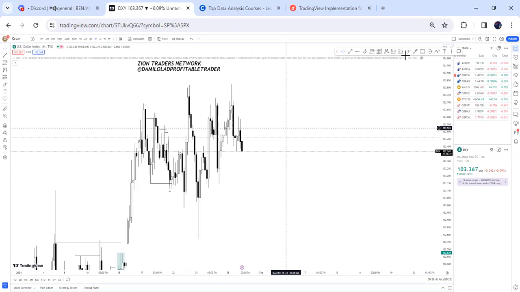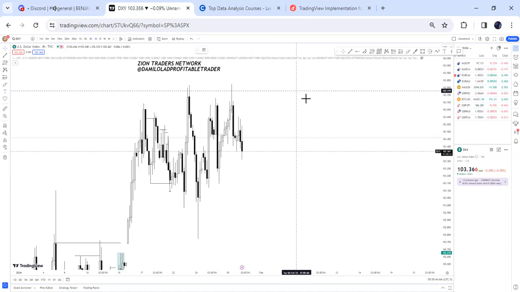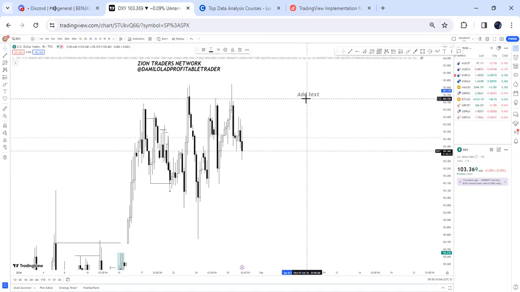Now what you must also understand, which is the second thing I'm going to talk about, is that there is a relationship between the US dollar index, which is the DXY, and the EUR/USD, and I'm going to tell us the relationship now.